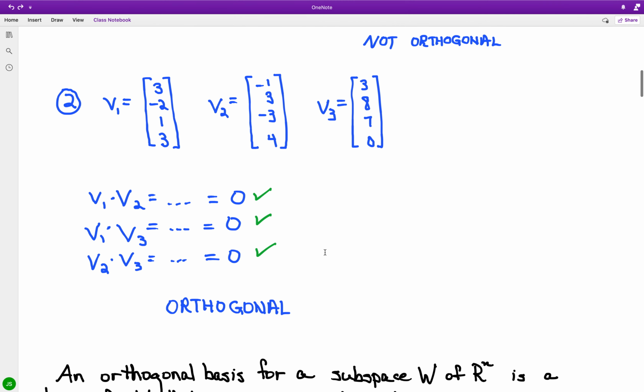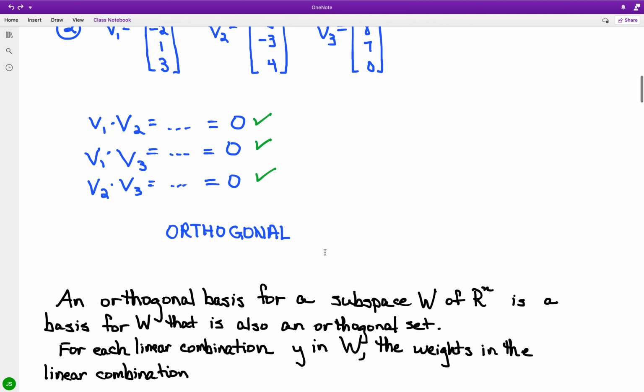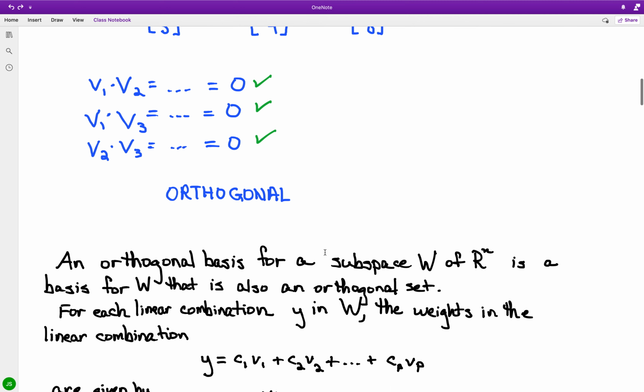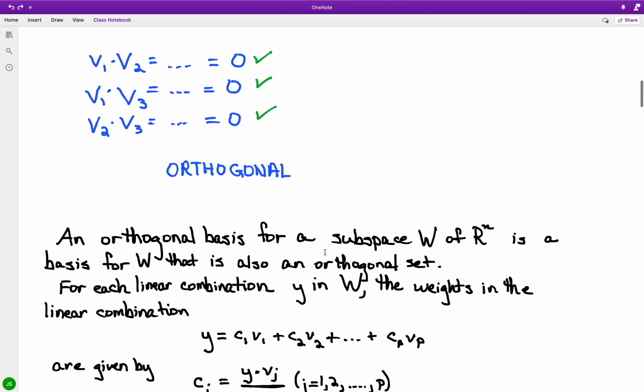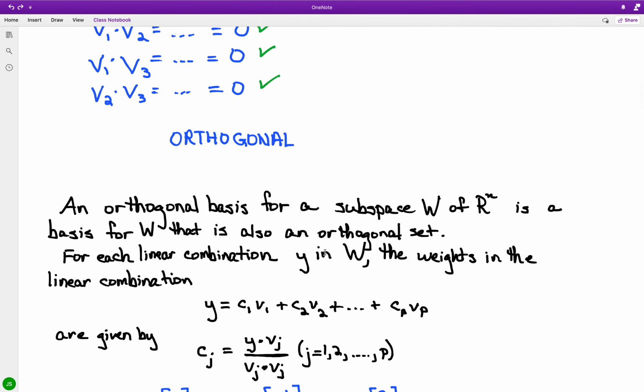Now, among orthogonal sets, we have combinations within the subspace where we have an orthogonal basis. An orthogonal basis for a subspace W of Rn is a basis for W that is also an orthogonal set.